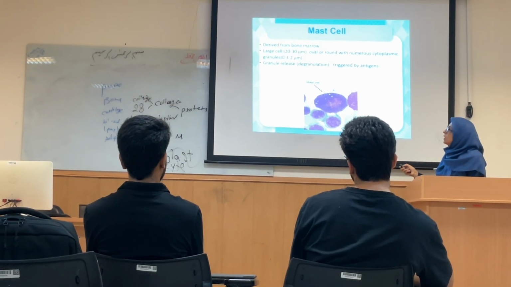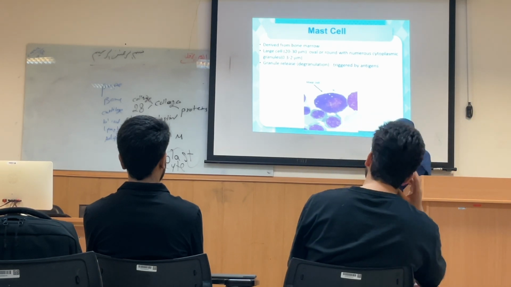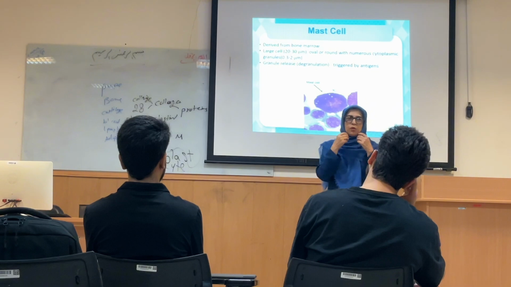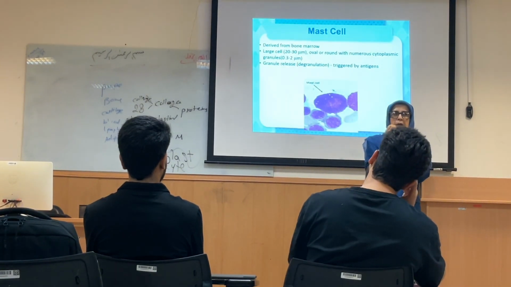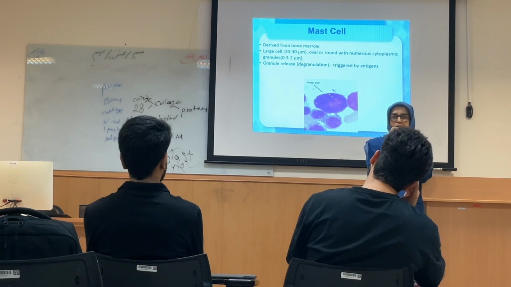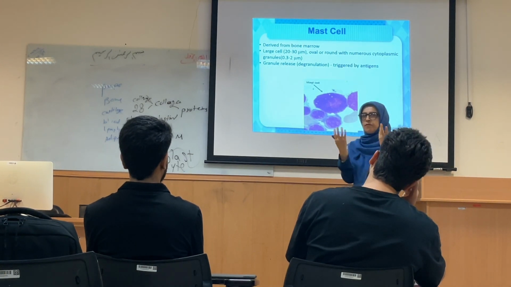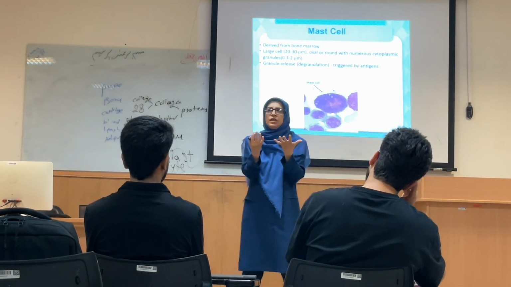The cytoplasm includes lots of cytoplasmic granules that are triggered by antigen. In the allergic condition, there are different antigens, for example some poison, something from the flowers, or maybe some foods that we have sensitivity to.